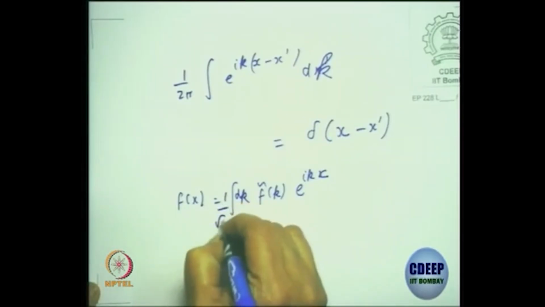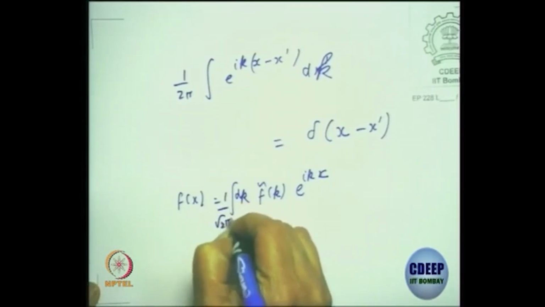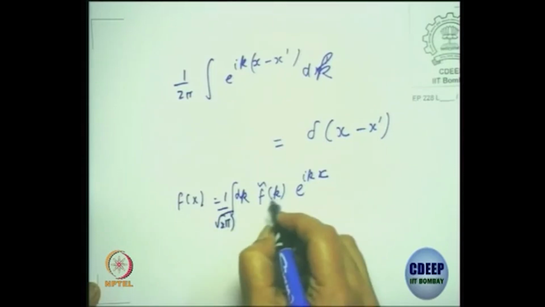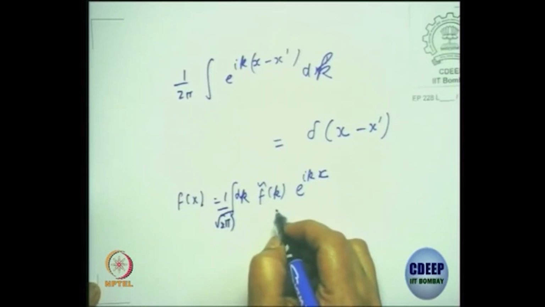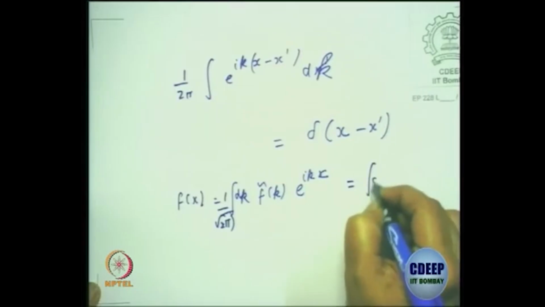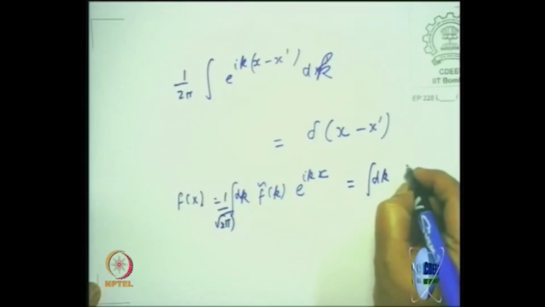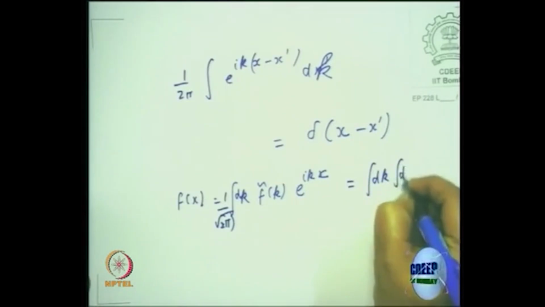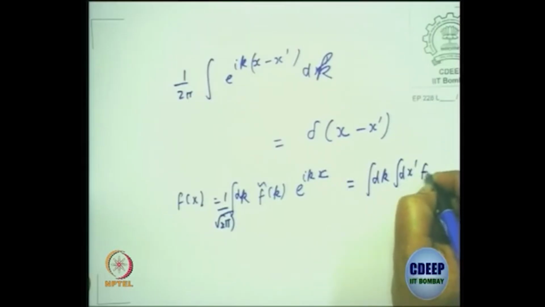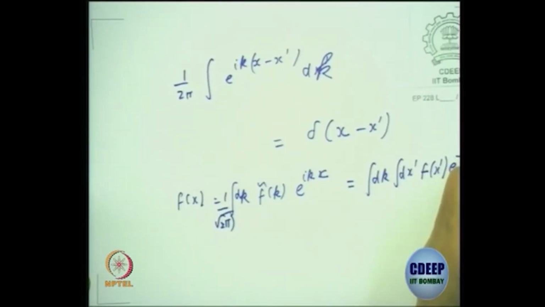Suppose I introduce this 1 over 2 pi and I replace this f tilde of k, then you will also have this e to the ikx.